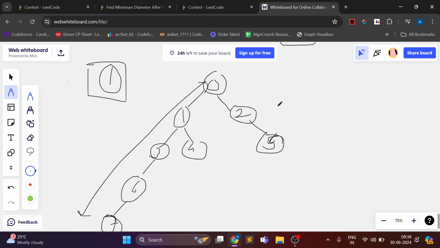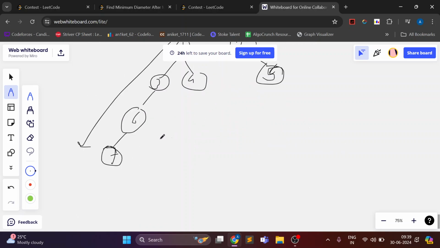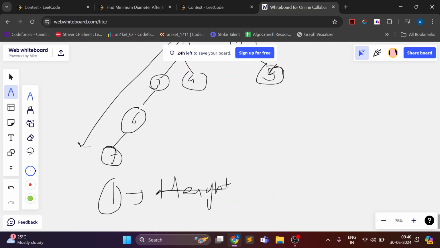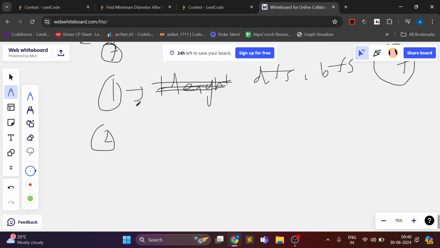Now this is the standard problem. First step for finding the diameter: first find the height, or the farthest point from the root. The farthest point from 0, you can find using DFS or BFS. So I found that 7 is my farthest point from the root. Now second step, find the farthest point of that point.